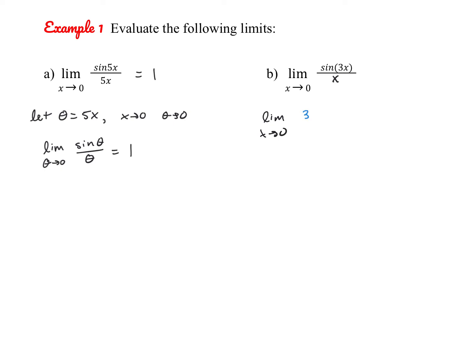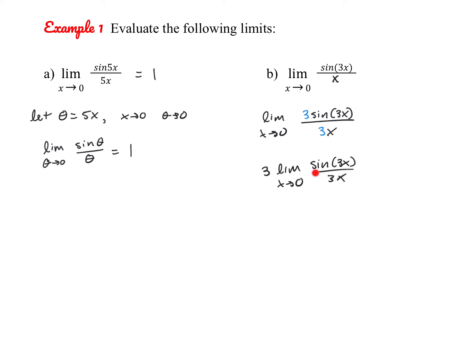So 3 times the sine of 3x over 3 times x. So again, I just multiplied this function by 3 over 3. And then we could even rewrite this using our limit rules as 3 times the limit as x approaches 0 of the sine of 3x over 3x.